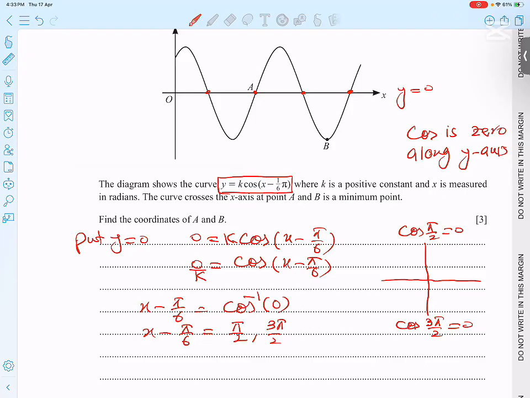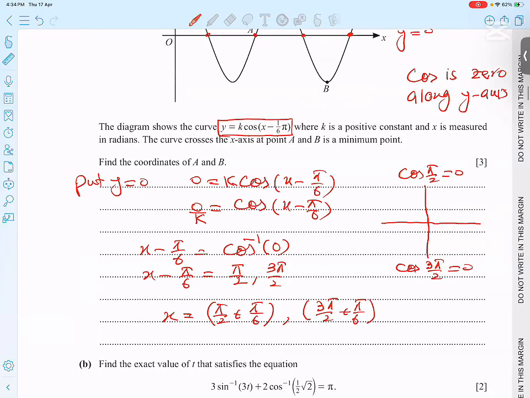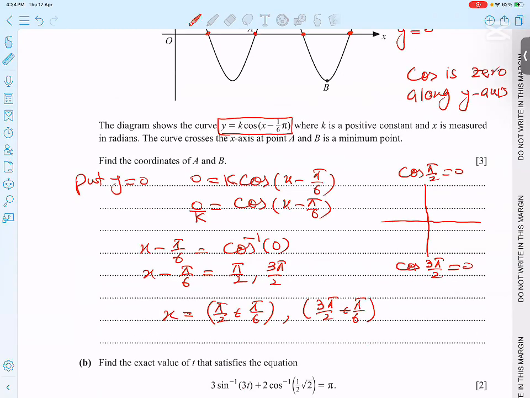Okay, now, students, this pi by 6 will come and add here, and it will add here. So I will get 2 answers. So pi by 2 plus pi by 6 and 3 pi by 2 plus pi by 6. Now you may be surprised why I'm finding 2 answers. That is the important, interesting part.